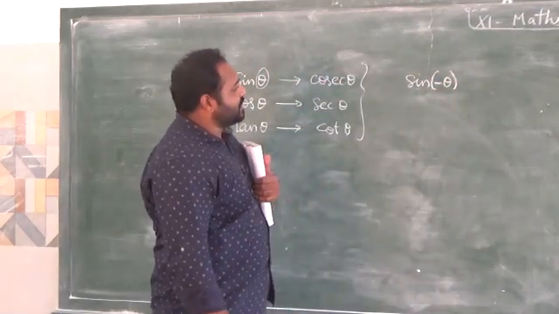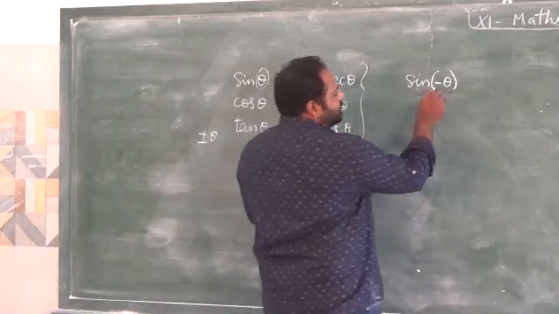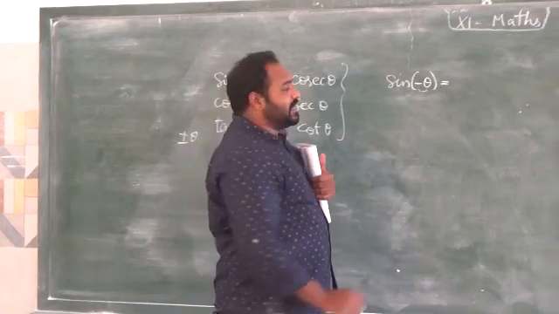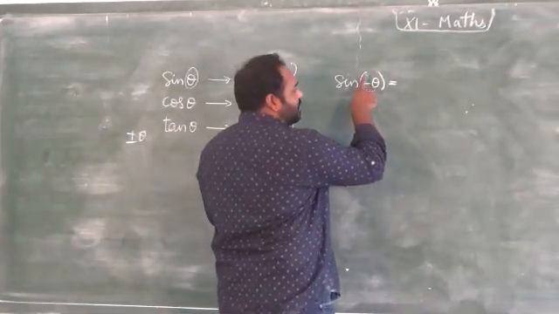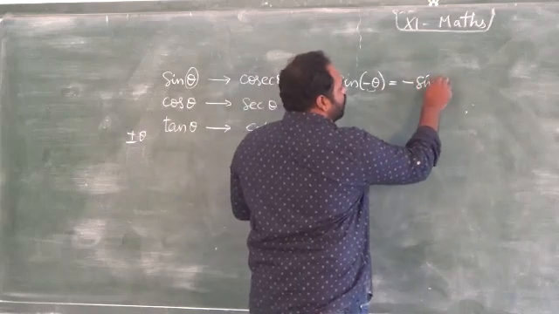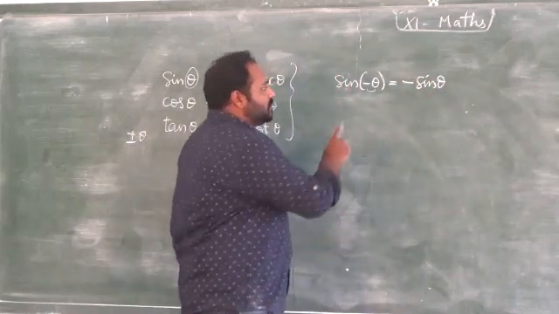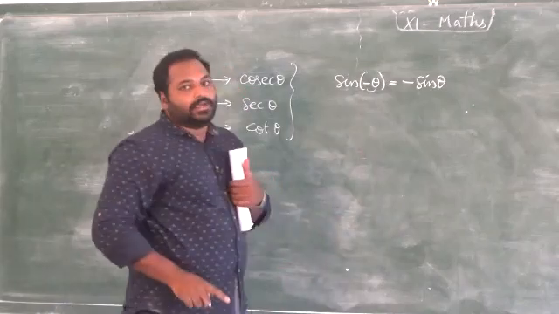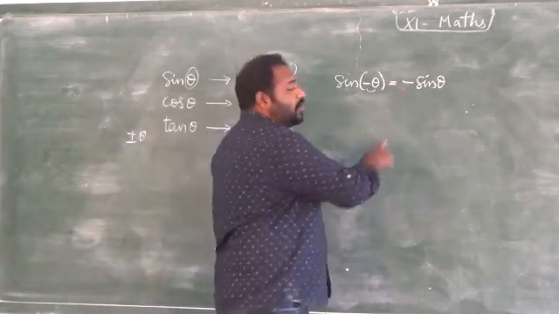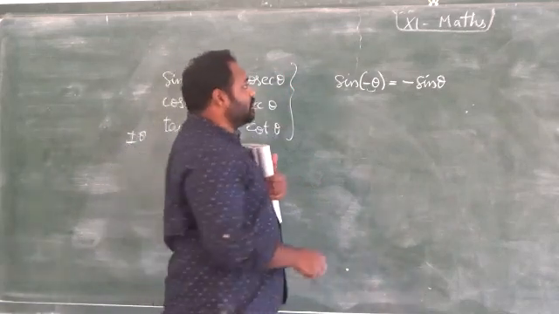When you write sine of minus theta, the theta is negative here. We can write it as minus sine theta: the minus comes out, and the whole function becomes negative. So when the argument is negative in sine, the whole function will be negative.